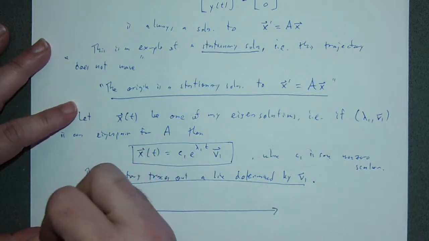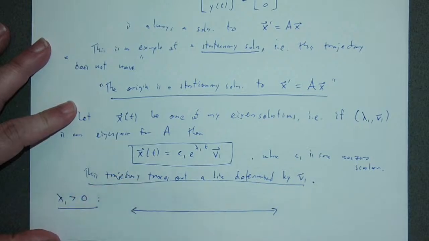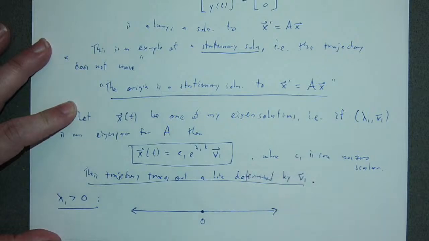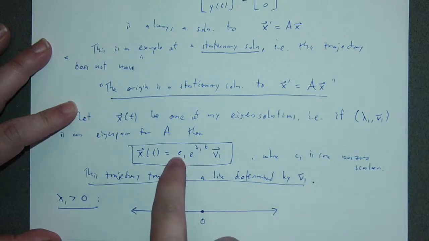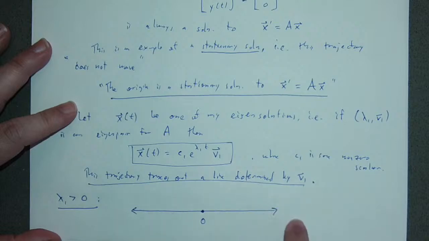There are three cases. What about if lambda 1 is greater than 0? Here is 0, my stationary point.